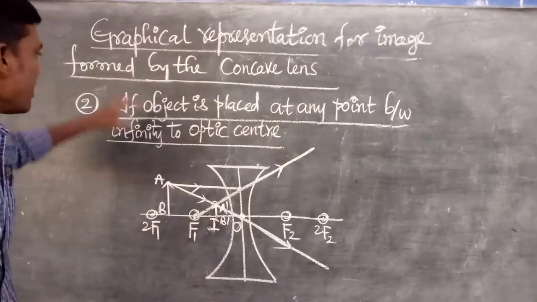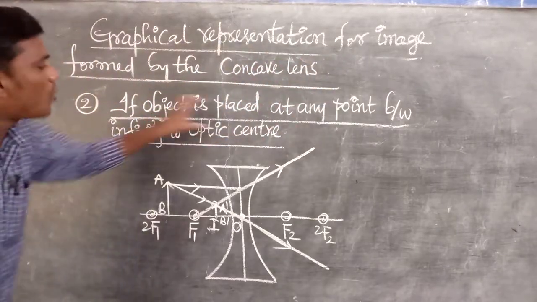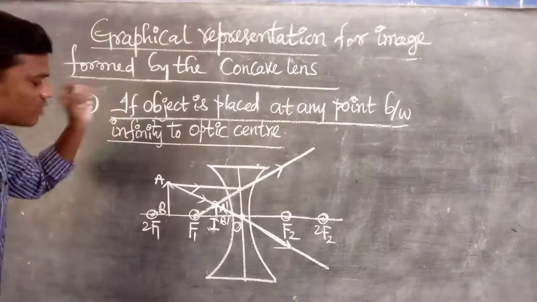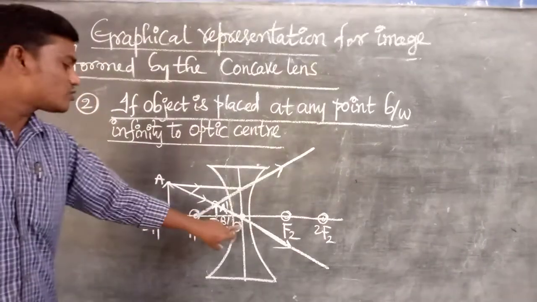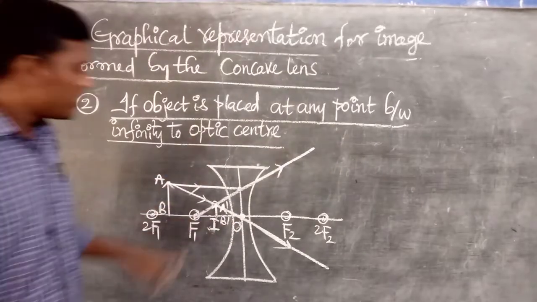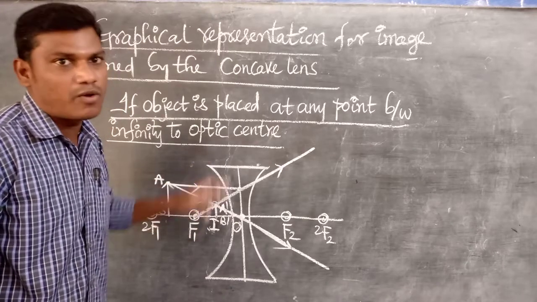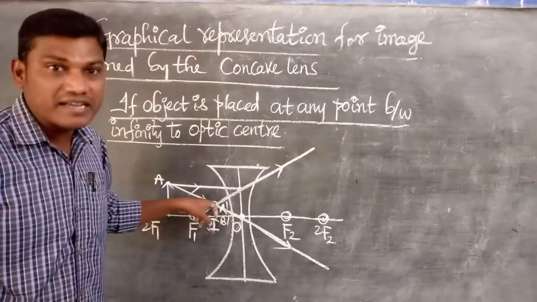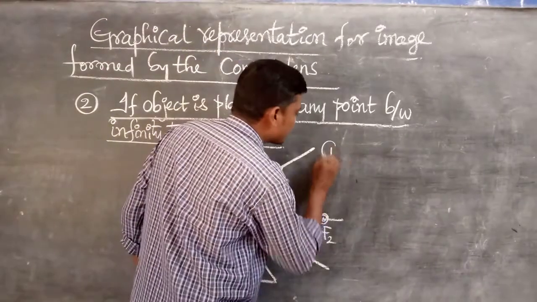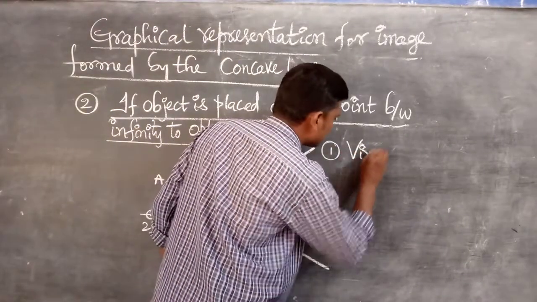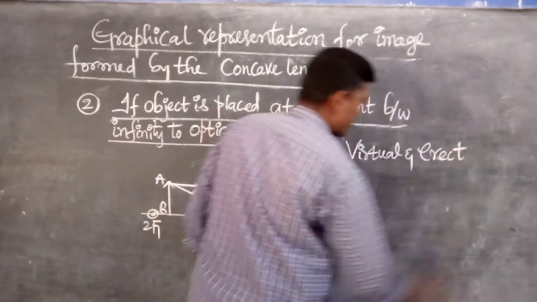So listen very carefully. If the object is placed at any point between infinity and optic center, the image will be formed between the optic center and principal focus. In this one also, is the image real or virtual? It is virtual only, because at this point the rays never really meet, they only appear to meet. So what is the nature? Virtual and erect image will be formed.